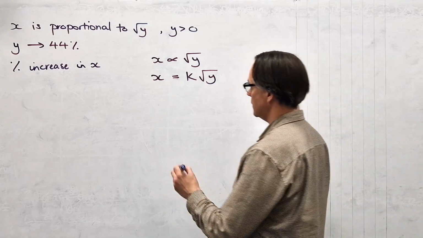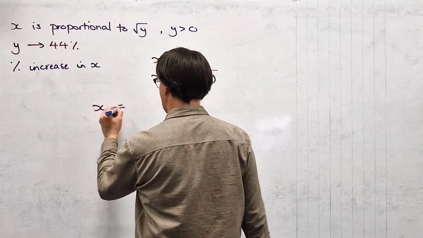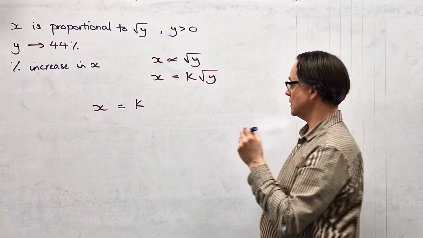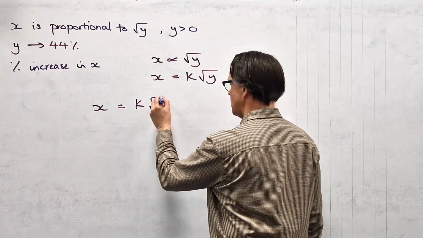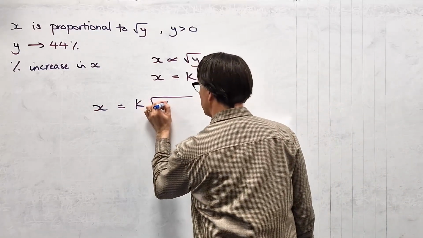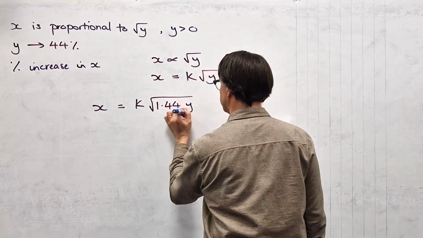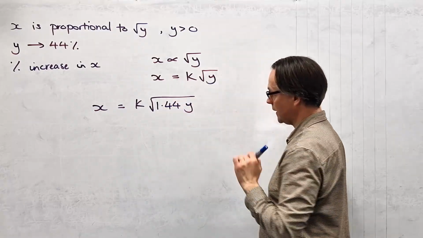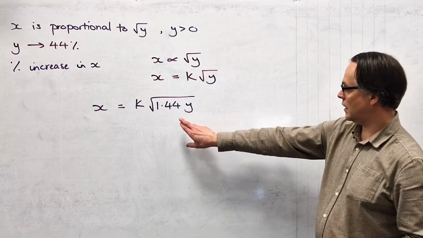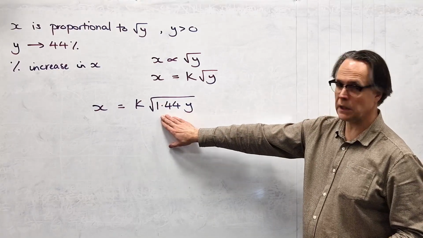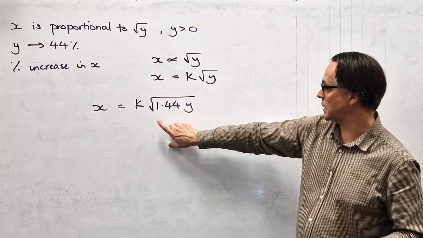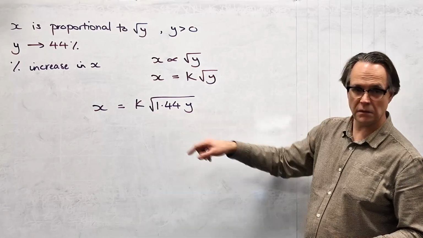Now we know that if we increase y by 44%, hopefully you know that is the same as multiplying y by 1.44. This is because when you do percentage increase, you can increase by a percentage by multiplying by 1 point followed by that percentage.